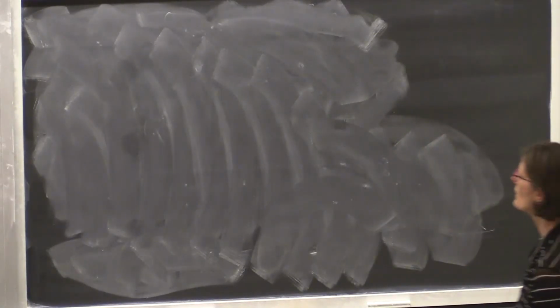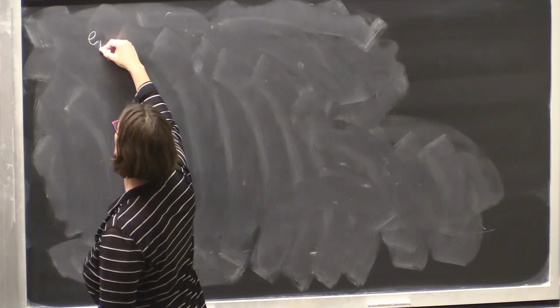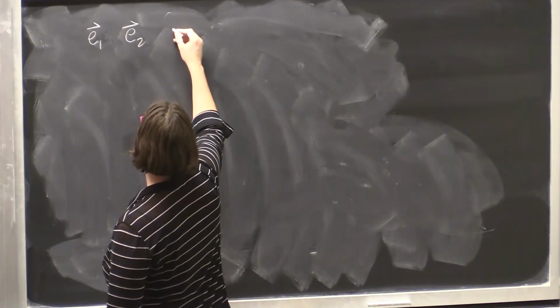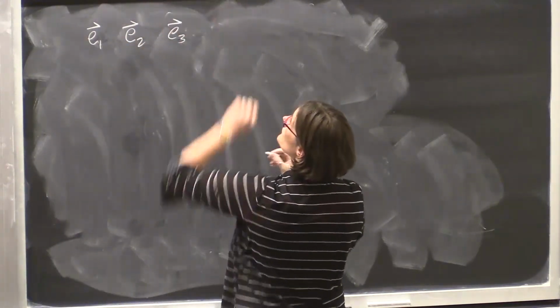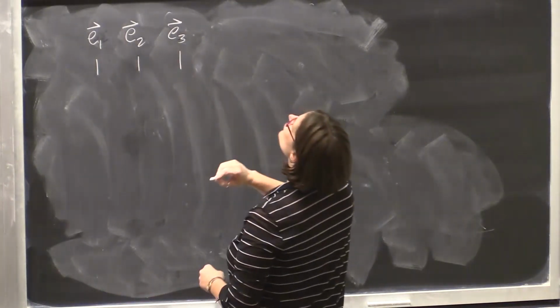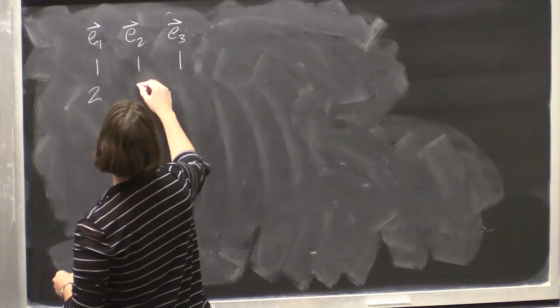So to find the cross product, what we do is we write the following system. We put the first vector in the first row. We put the second vector in the second row.